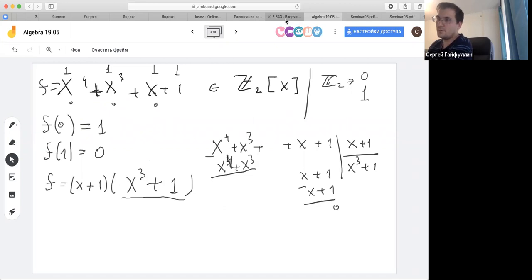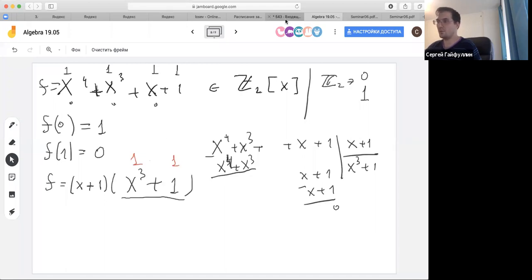Let's compute. If I put x equals 1, then here is 1, here is 1, and so we obtain 0. So 1 is a root of this polynomial.